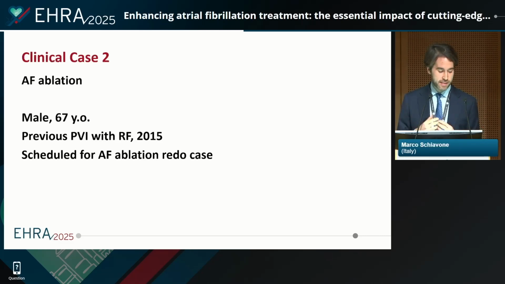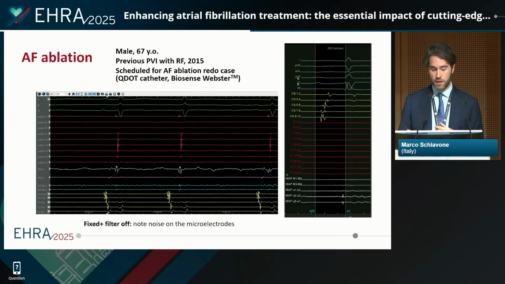This is a case actually from the RF era, so-called. So in the last year, a 67-year-old male, previous PVI with RF in 2015, was scheduled for an AF ablation redo case with a Q-dot catheter, actually. These were the signals on the lasso catheter and the noise that you may see in the microelectrodes with the Q-dot catheter.